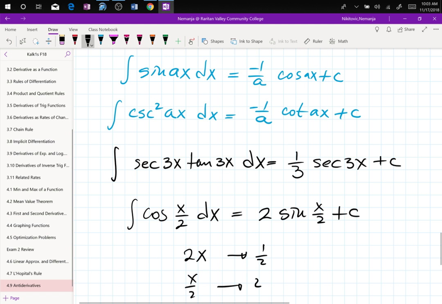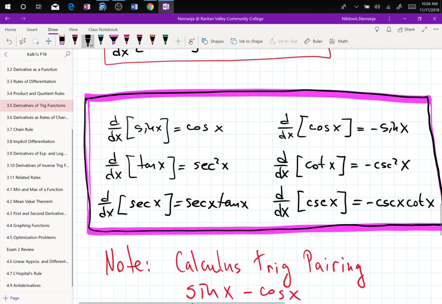I guess my question before was what happened to the tangent, though? The derivative of secant is secant tangent, which means that the integral of secant tangent is secant. Where is my page? There it is, right?